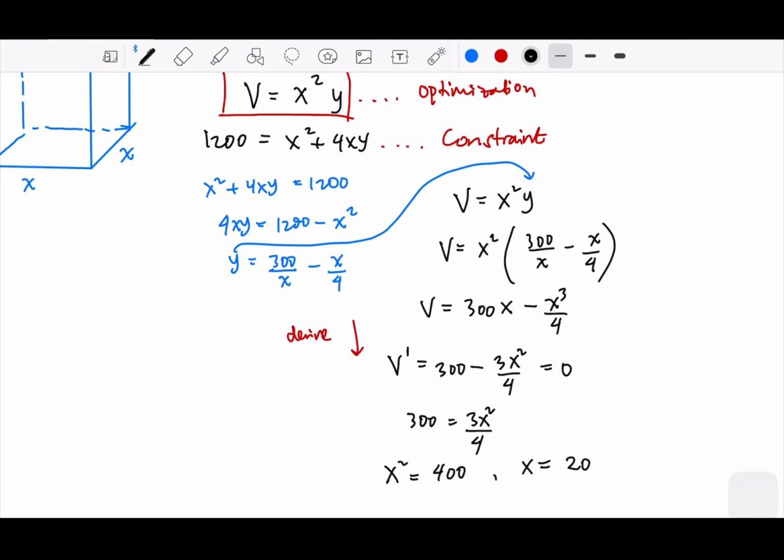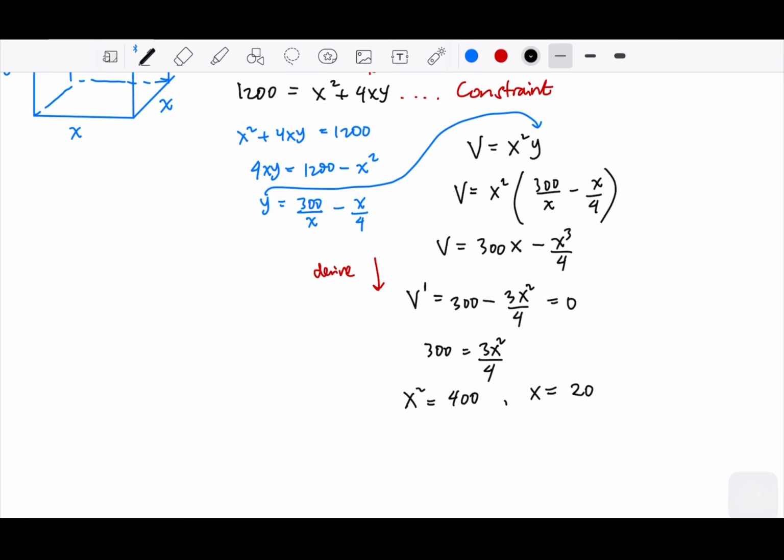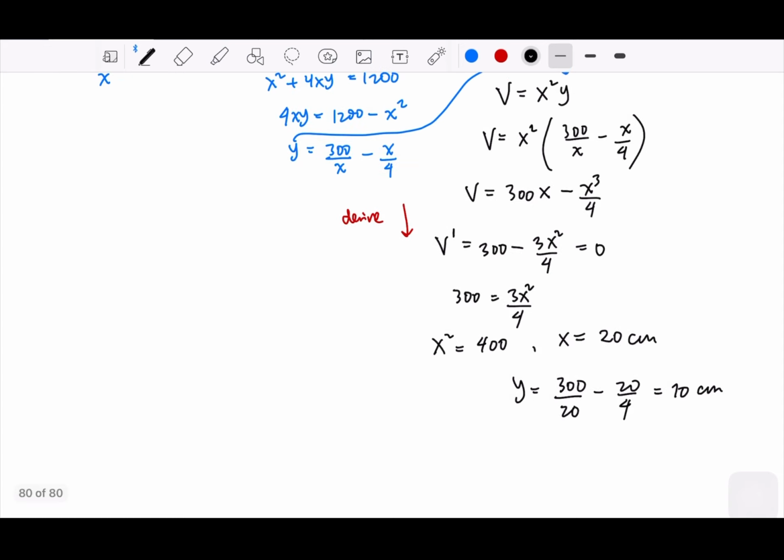Because we know that it should be positive. When x is 20 centimeter, y is 10 centimeter. Okay, from the formula we find. So our largest volume from these findings is 20 squared multiplied by 10, which is 4,000 centimeter cubed.